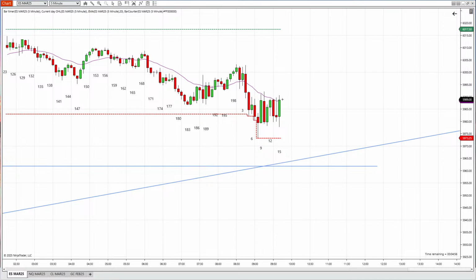Alright, just sitting here waiting for it to pick a direction. It's pretty 50-50 if it'll go up or down.